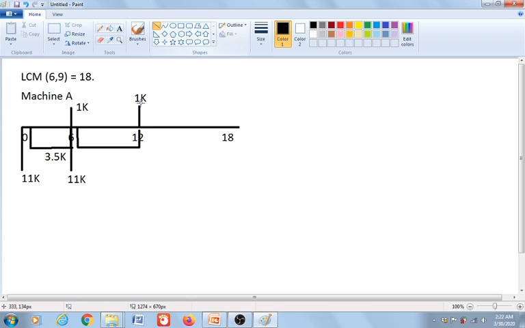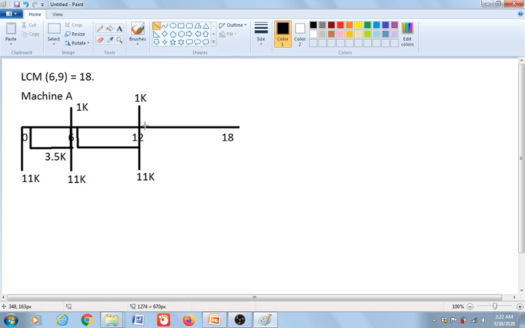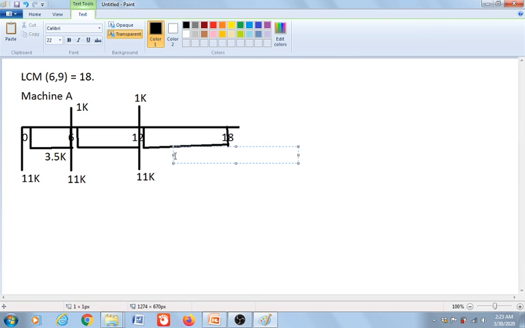So we need machine number 3, so we need to buy a new machine. That's going to cost us 11,000. And for the third machine, we need to pay for the operation and maintenance costs, which is 3.5k.